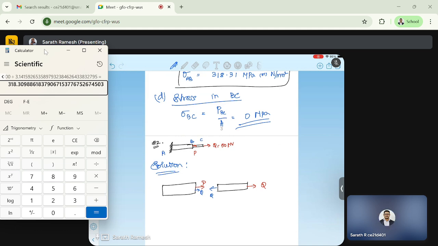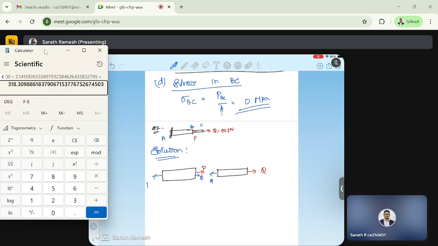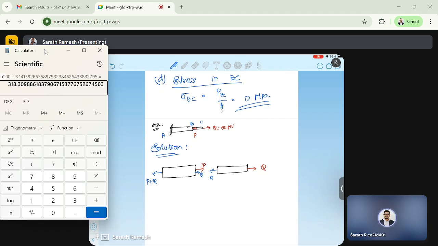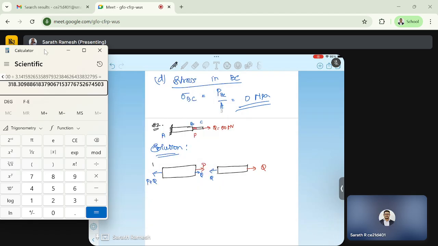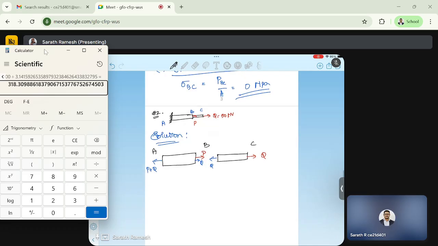And here it will be P plus Q, because both are acting in that direction. So to maintain equilibrium, we need a force P plus Q acting on this side. So this is ABC.